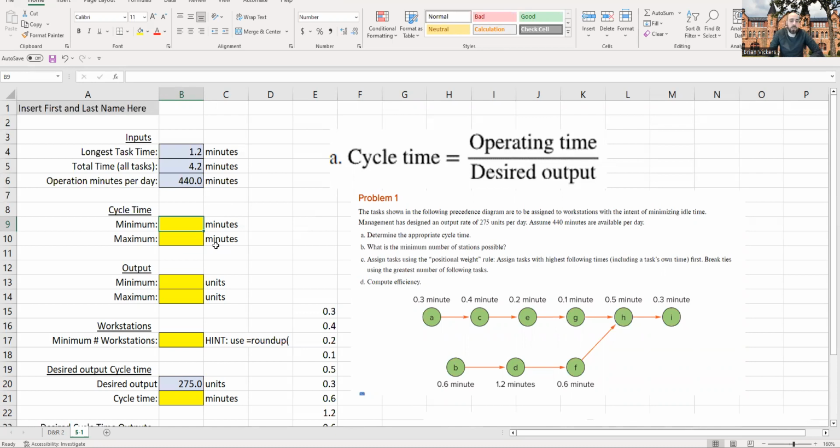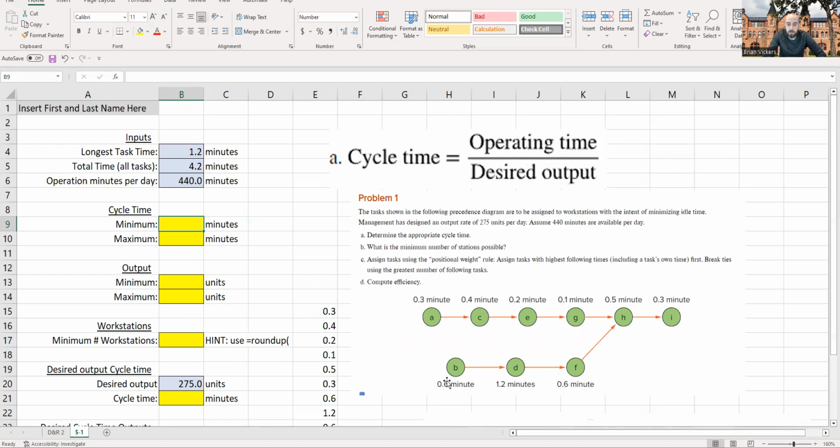Okay, so if you look at this chart that they provide you with the 0.3, 0.6, the longest individual task is 1.2 minutes. So let's say that I had a bunch of different workstations working on it at the same time. I could potentially complete 1 unit in 1.2 minutes if I had enough people working on it, right?